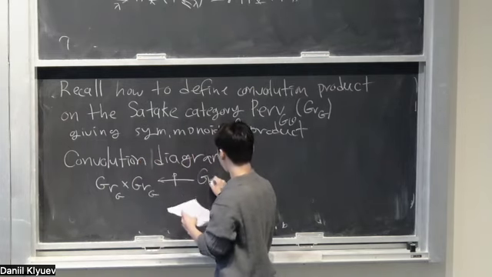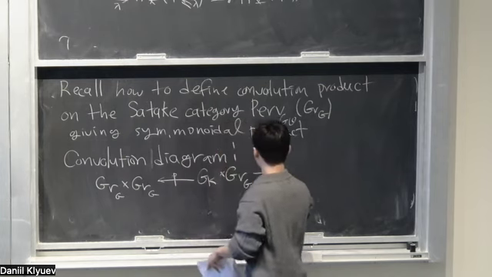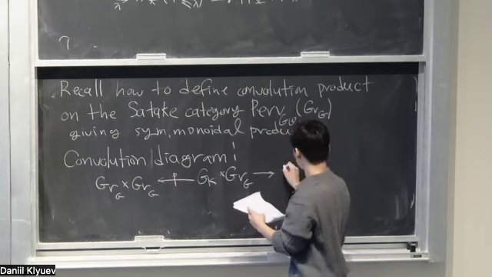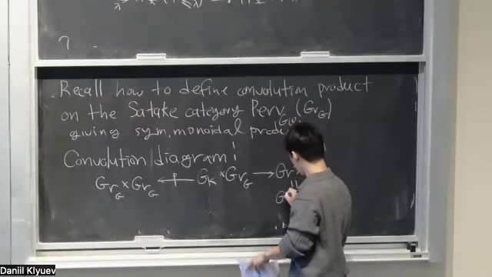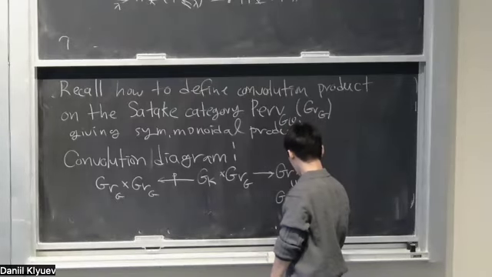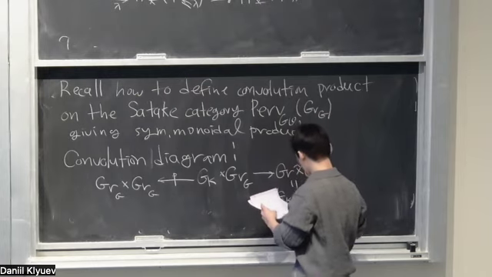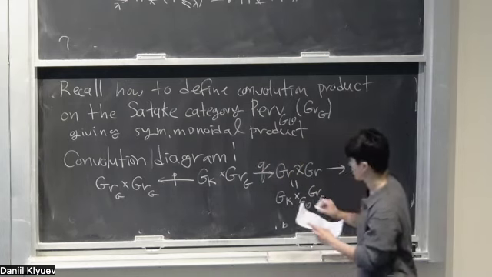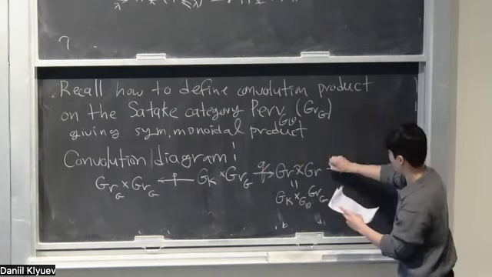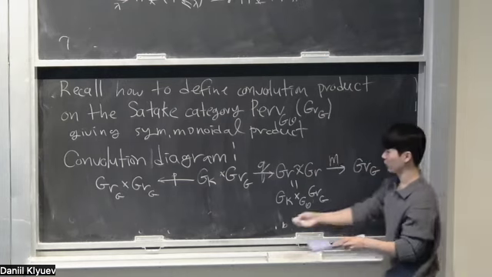So GK is just the product. And then this twisted product just means GK times over GO of the affine Grassmannian. We write this Q. So what are these maps?